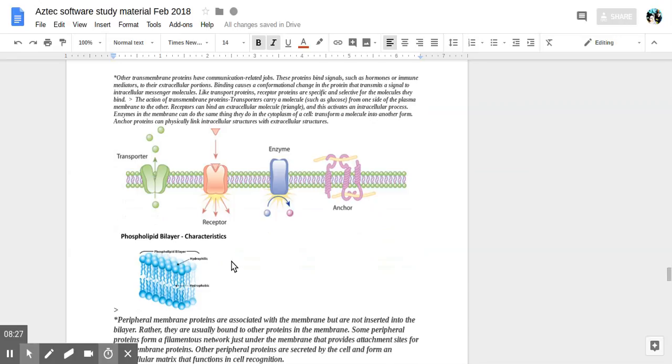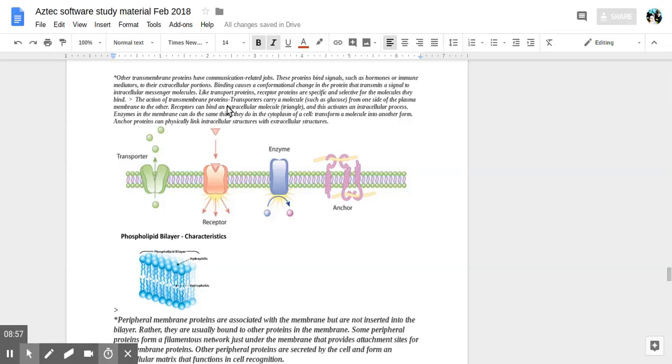Other transmembrane proteins have communication-related jobs. Proteins bind signals such as hormones or immune mediators to their extracellular portions. Binding causes a conformational change in the protein, transmitting a signal to intracellular or messenger molecules inside the cell. Like transport proteins, receptor proteins are specific and selective for the molecules they bind.